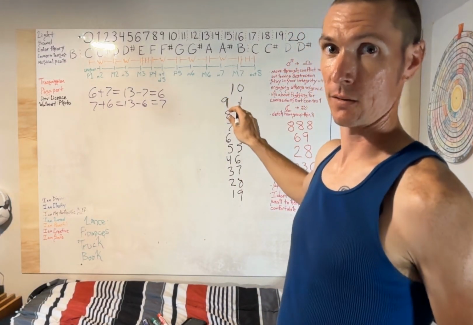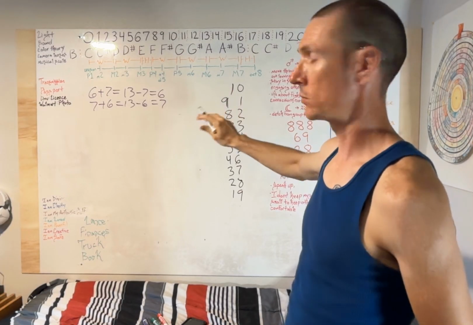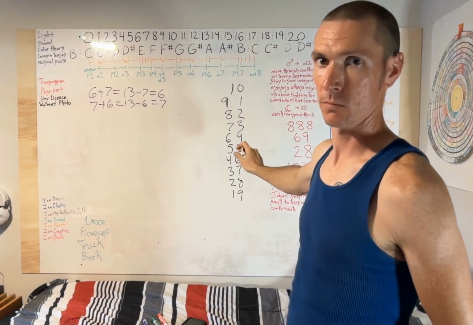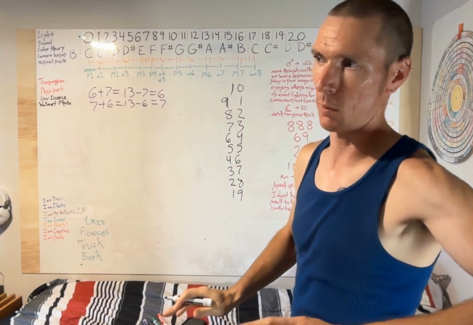To get to a 10, 10 can be broken up into any of these. You know, there's an infinite way of representing any number. You know what I mean?